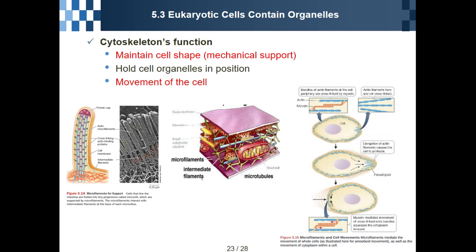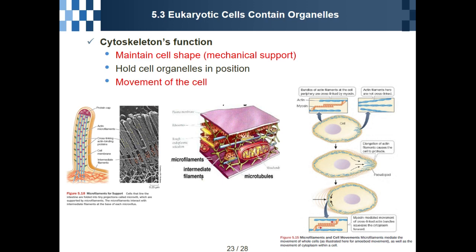And also, for example, this mitochondria is located here within the cell, but the cytoskeleton binds to the mitochondria. The main function is that it holds cell organelles in position.